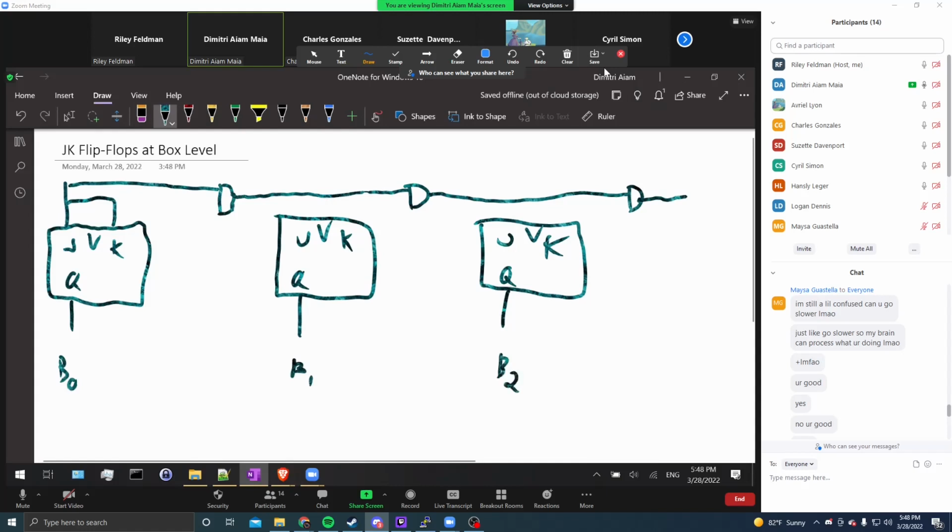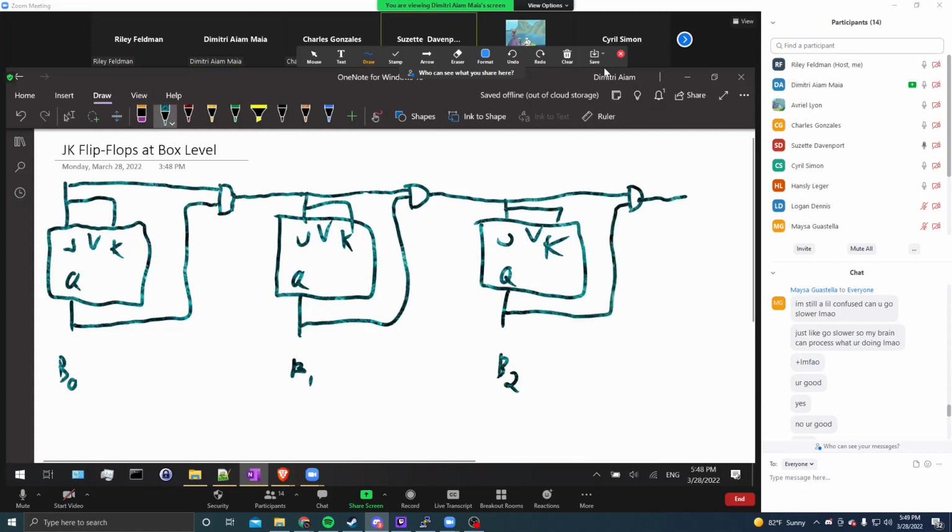And then you get the output from this one. And then you pass it through the AND gate. And then you get over here and you just repeat the same thing over here. You just go one over here and then over here. And then you get this one, connect over here, repeat, over here.